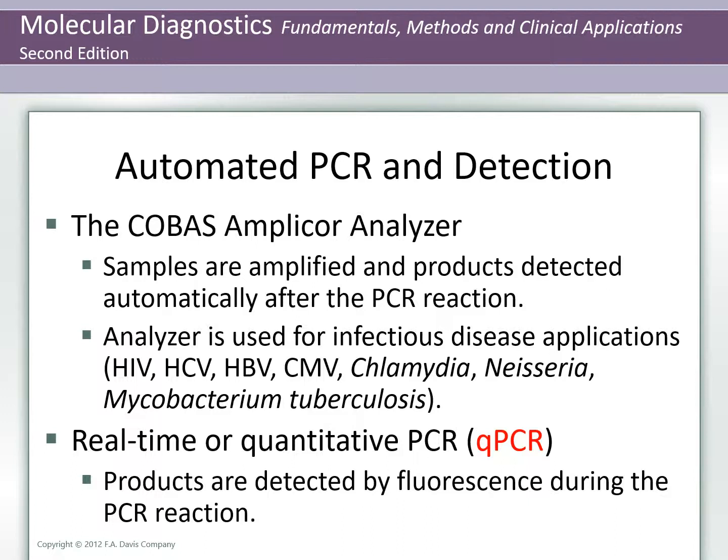The cobas analyzer can be used for several infectious disease applications, including detection of HIV, hepatitis C virus, hepatitis B virus, CMV, chlamydia, Neisseria, and Mycobacterium tuberculosis. Real-time or quantitative PCR, also known as qPCR, is often used in these applications, and products are detected by fluorescence during the PCR reaction.